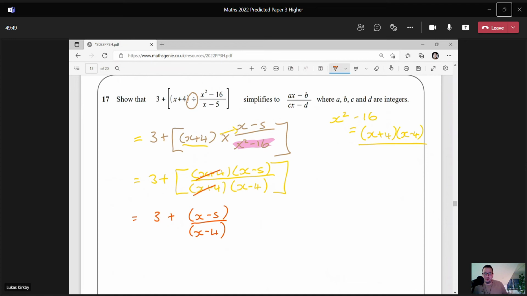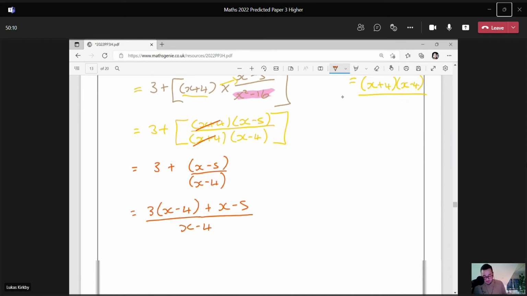Okay, now we want to bring this all into the same fraction, so let's times 3 by x minus 4 on the top and bottom. So this is the same as 3 times (x minus 4) over x minus 4 plus x minus 5. Okay, then we just expand these brackets a bit.